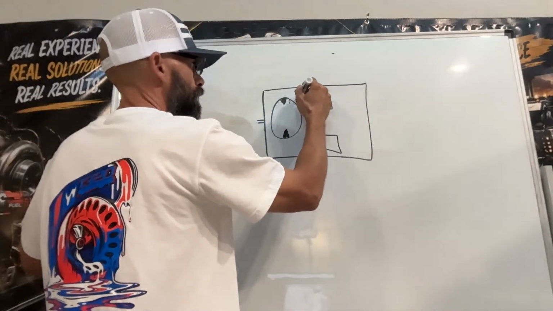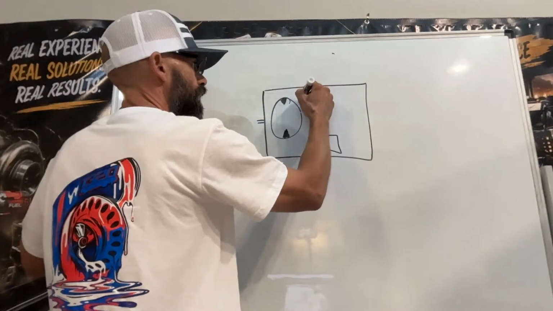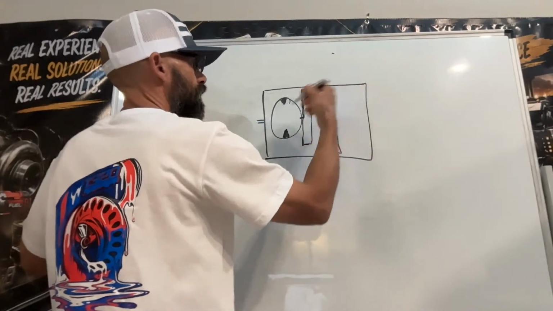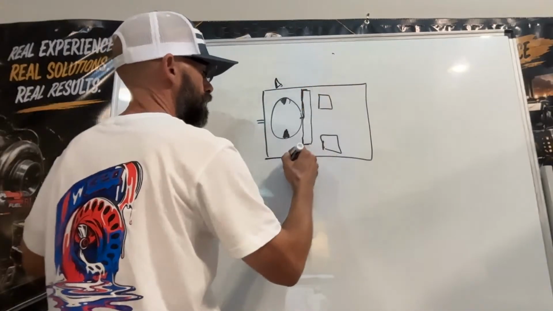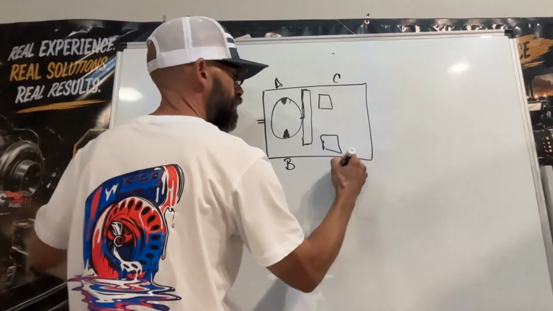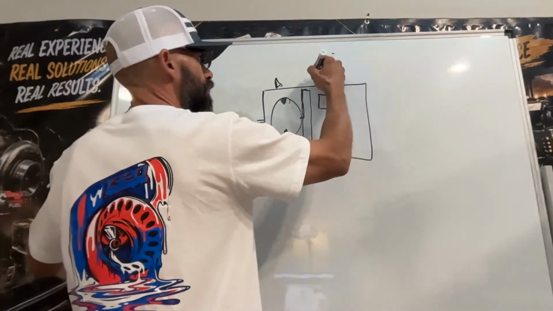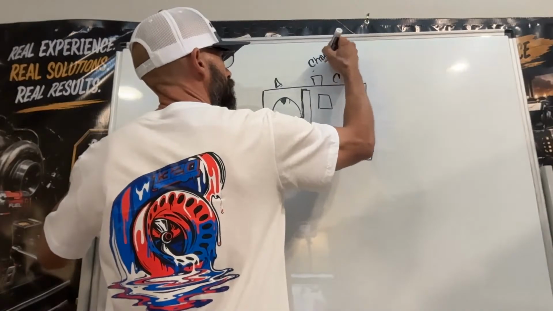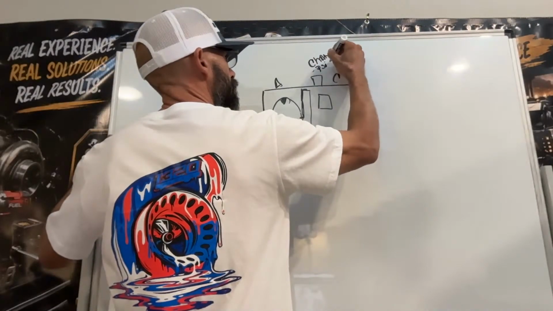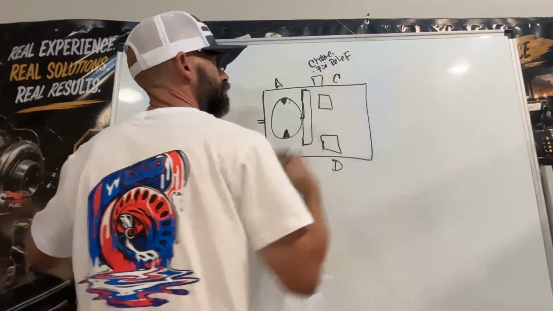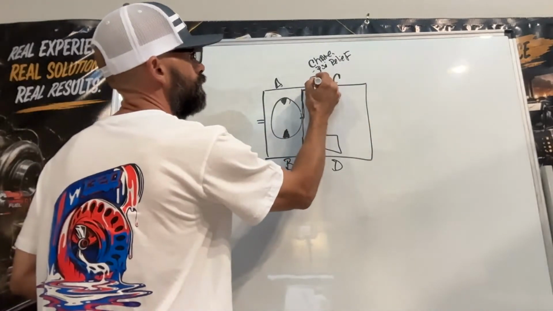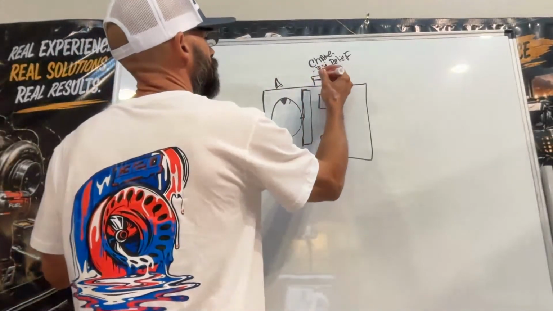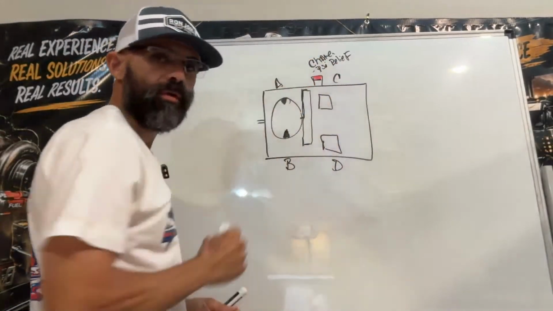Then you're going to have a servo, a drawing of a servo something like this, and your port A, B, C, and D. Somewhere around here, you're going to have your charge PSI relief. Let me use a different color. This one right here is your charge pressure relief.